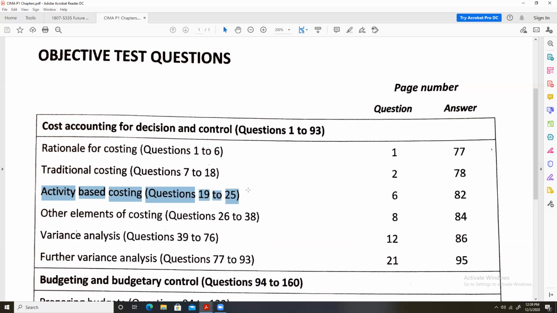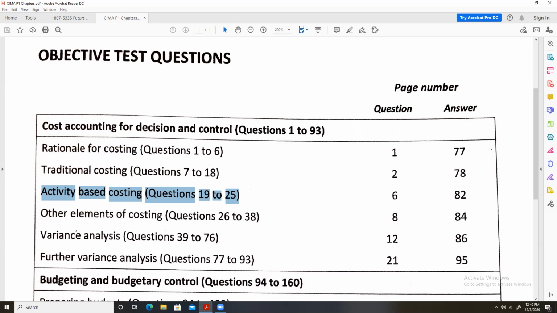Unlike the ACCA examiner or any other professional body examiner, the CIMA examiner in papers like these has the choice to ask you even the smallest point that is written in your study text, or mentioned anywhere in your syllabus. The point can be asked via an MCQ.